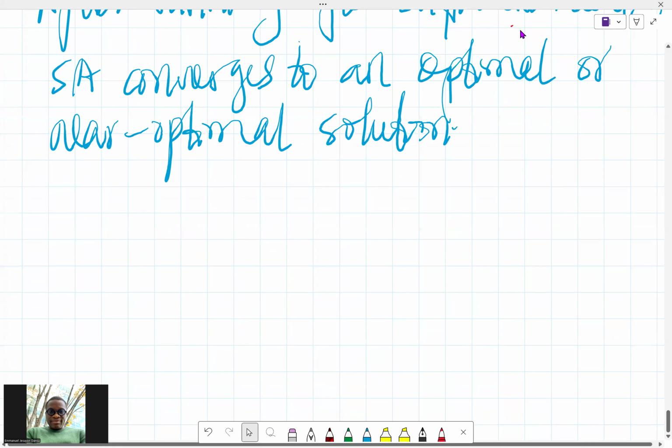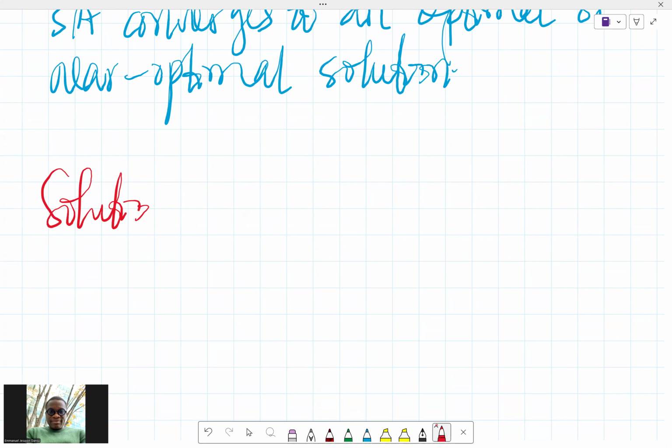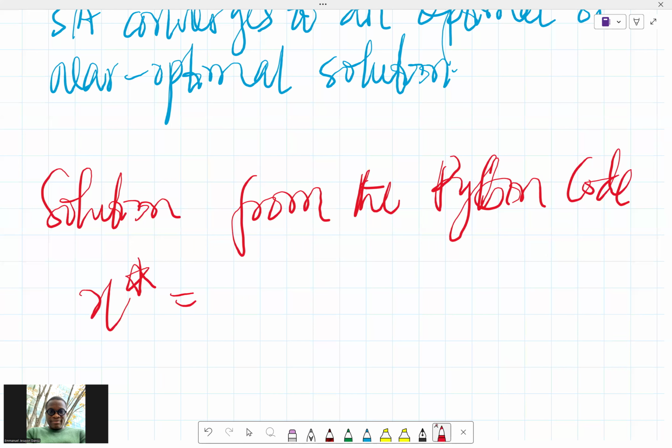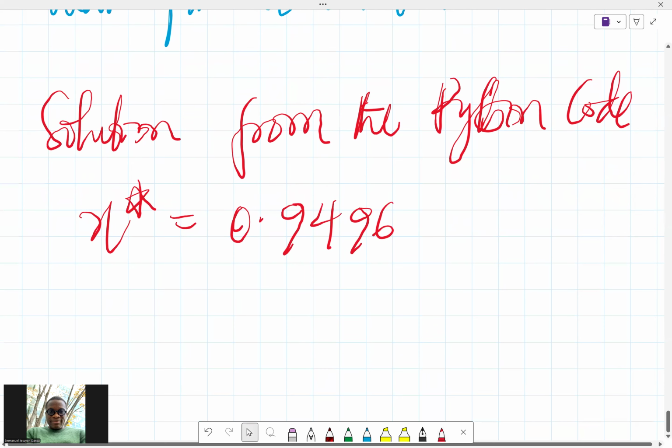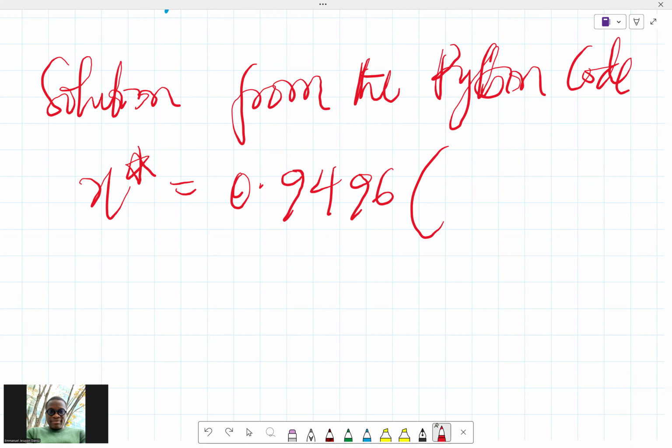So the solution from the Python code: you see that x star is equal to 0.9496. That is the global, okay, the collection of the two is what we can call our global minimum.